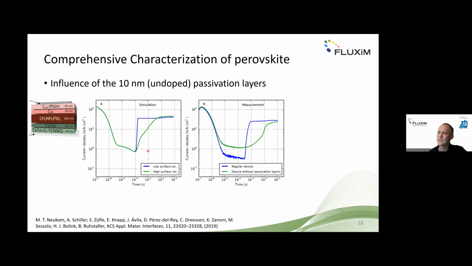And we also compared two solar cells, one with and one without the passivation layer, for which the voltage step experiment exhibited a slower rise in case of no passivation layer and a fast rise in the case of with passivation layer. And this qualitative behavior was reproduced in the model also by introducing more surface recombination for the solar cell without the passivation layer.